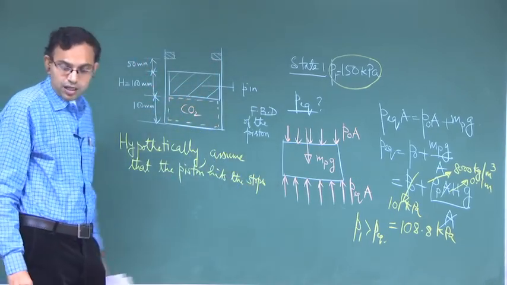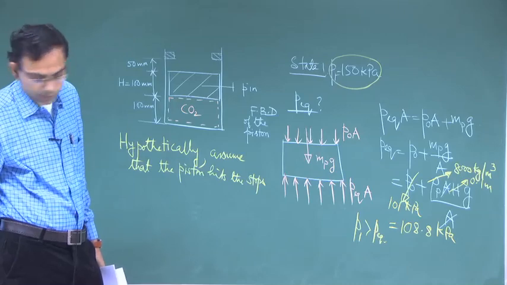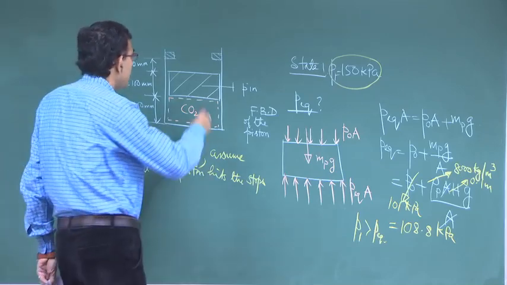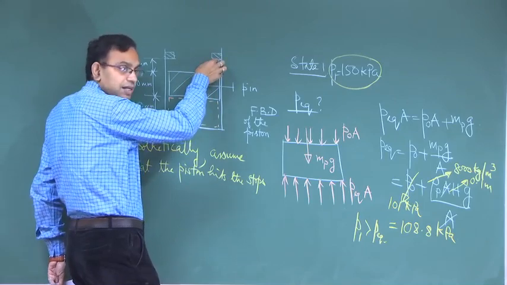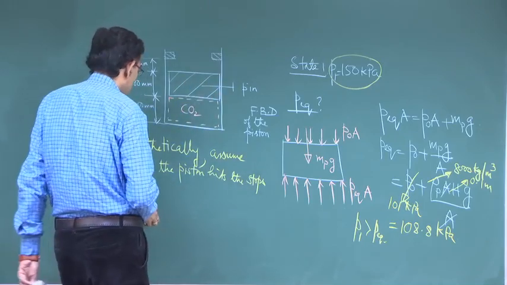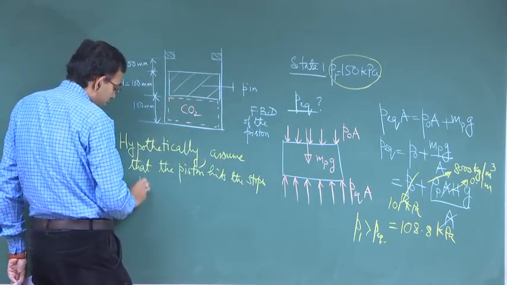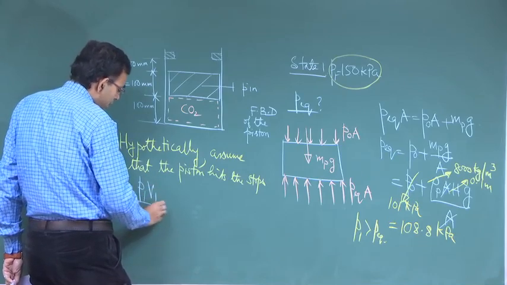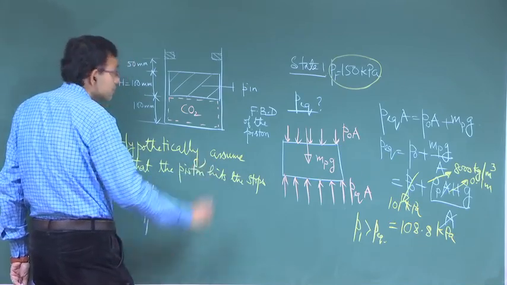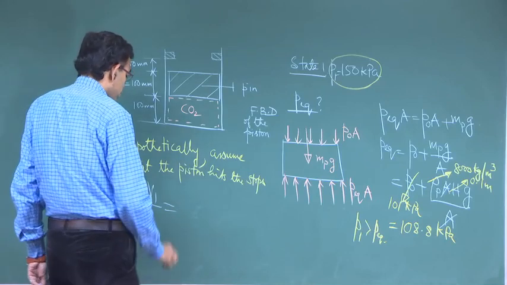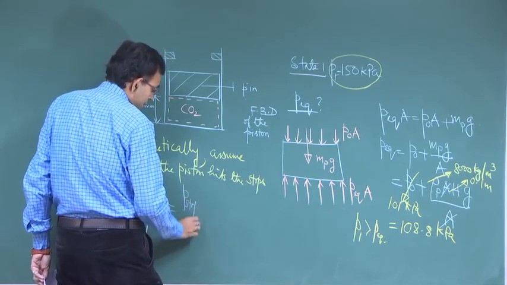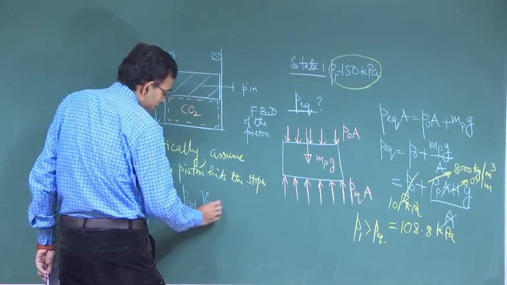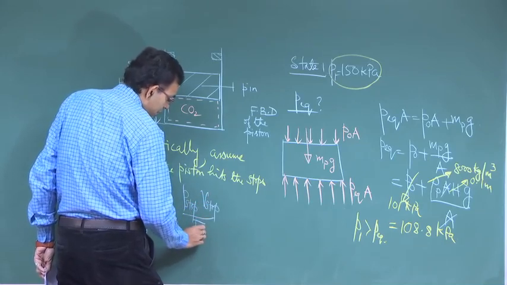If that be the case, then the final volume will be whatever is the volume plus this much up to the stops. So, we can write P1 V1 by T1 is equal to P stop into V stop by T stop.